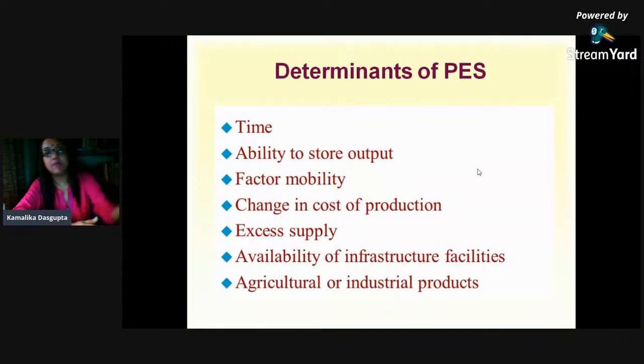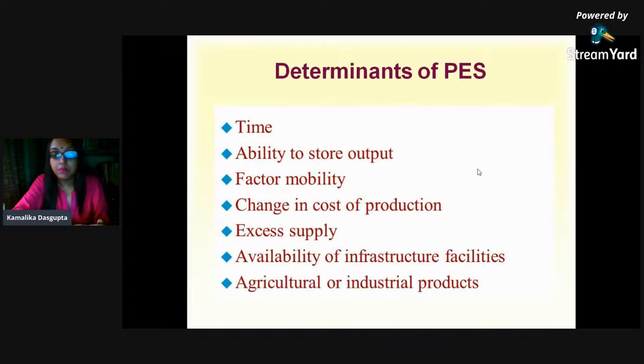But as time passes by, people get to know the product, they buy the product, and the product creates a brand loyalty among the people. So as time passes by, when price increases, the supply of that particular product is also going to increase by a greater percentage. So as time passes by, the price elasticity of supply will go up.